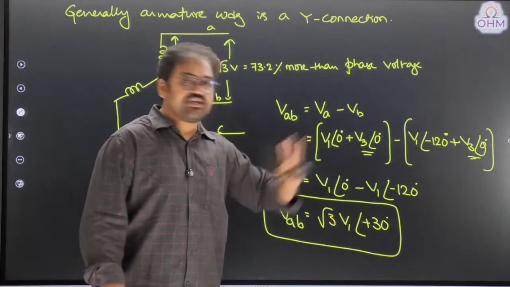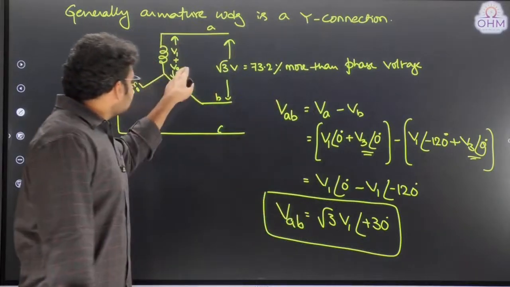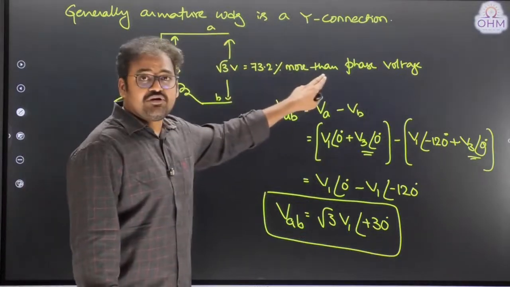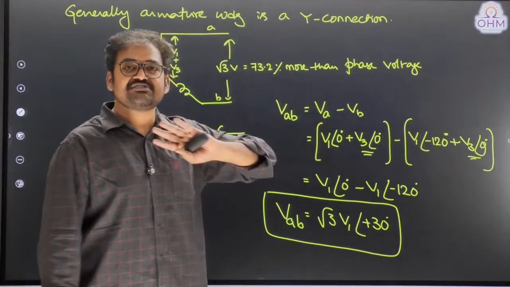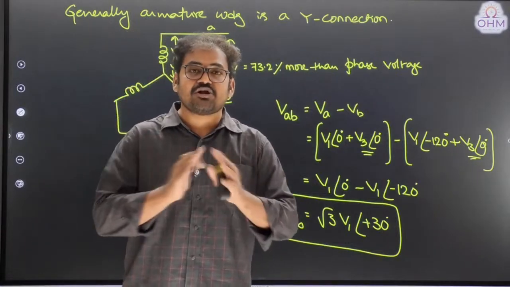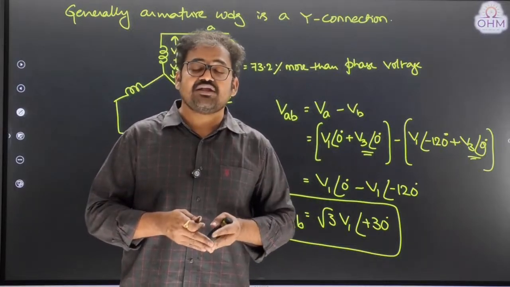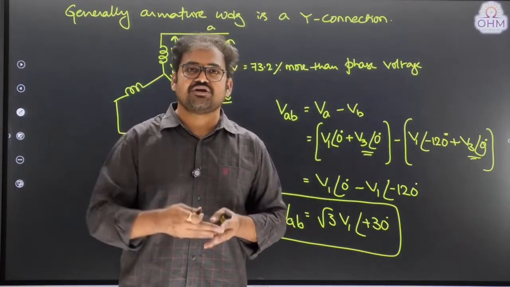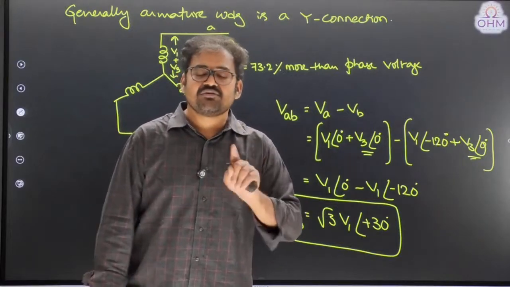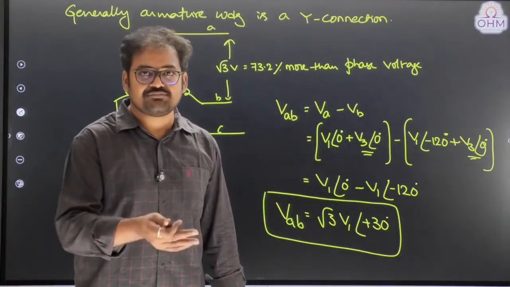Can I say the V3 term cancels? Therefore, even though the phase voltages have third harmonic EMF, in the line voltage the third harmonic EMF is cancelled. When the harmonic voltage is neutralized, will the output voltage be more sinusoidal or less sinusoidal? More sinusoidal, which is definitely an advantage. This is another reason why star connected windings are preferable rather than delta.